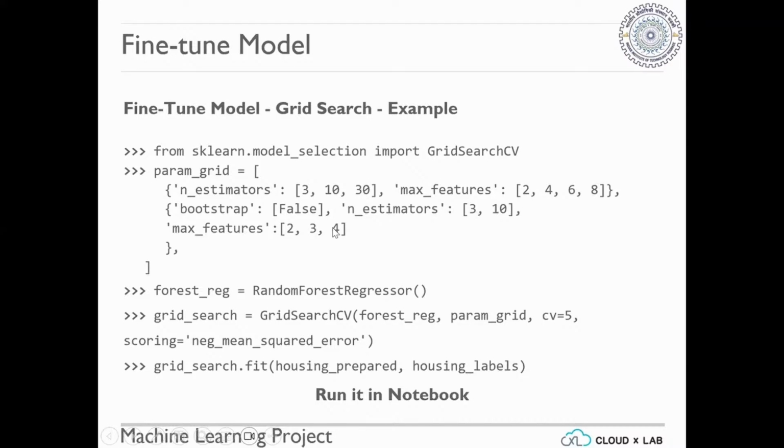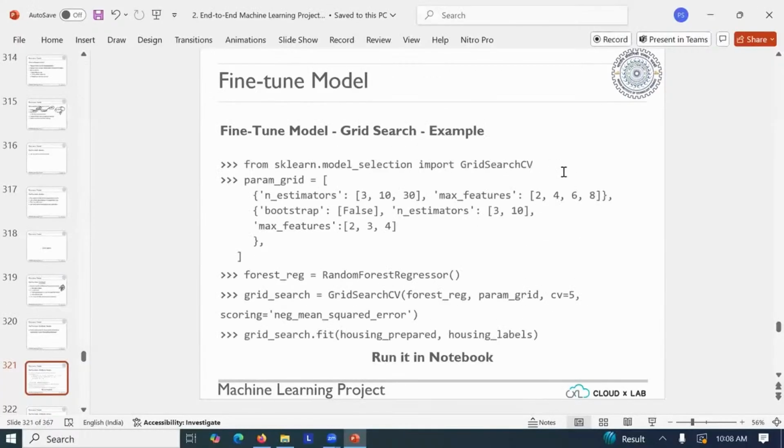So in total, how many possibilities do we have to check? In the first case, 3 possibilities are there for the first parameter, and 4 possibilities for the second hyperparameter, maximum features. So in total, 3 into 4, 12 possibilities, right?